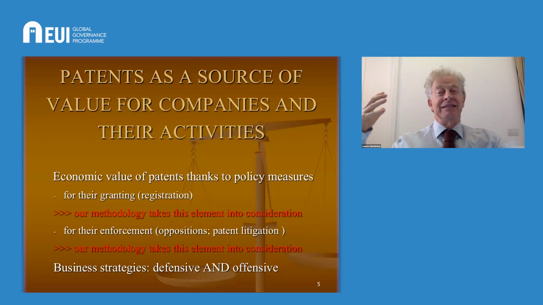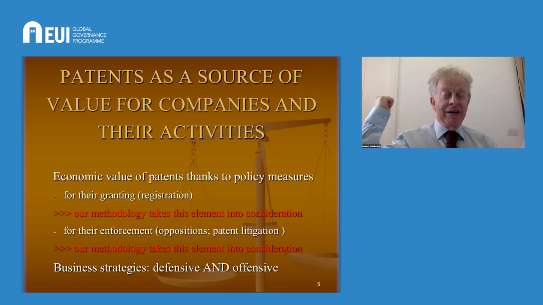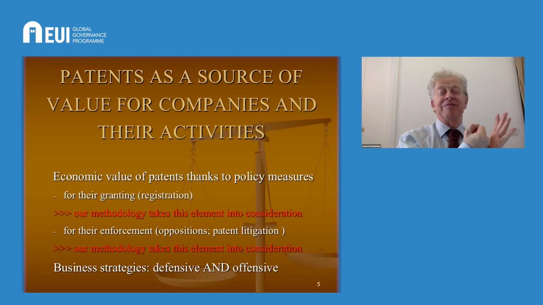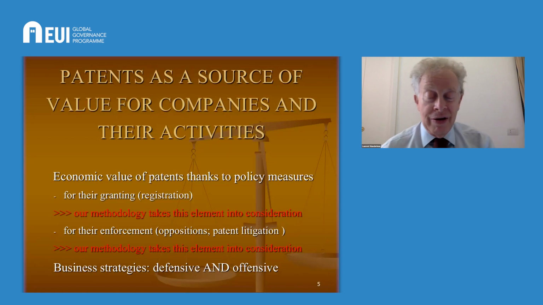The strategies are defensive, a fence around my invention, or on the contrary, a label on my invention, a patent that guarantees its novelty and inventive aspect and permits it to be sold or given for hire through licensing.